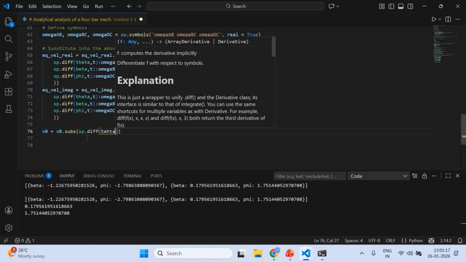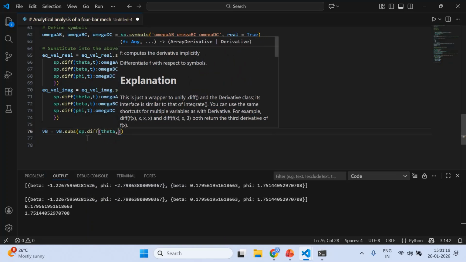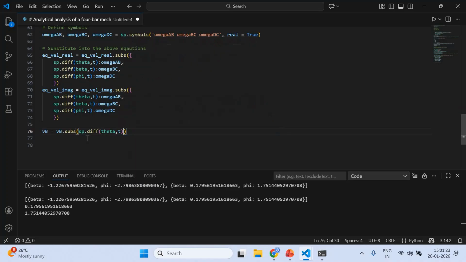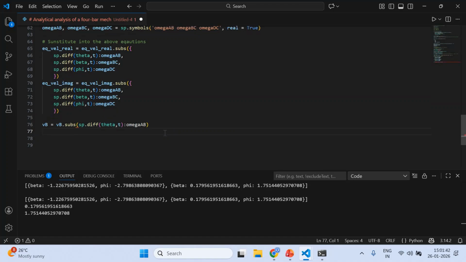Then here you have theta comma t, and here this is being replaced by omega AB. Now we know that the velocity of point B is simply the differentiation of angle theta, correct? So here no other beta and phi terms need to be defined.